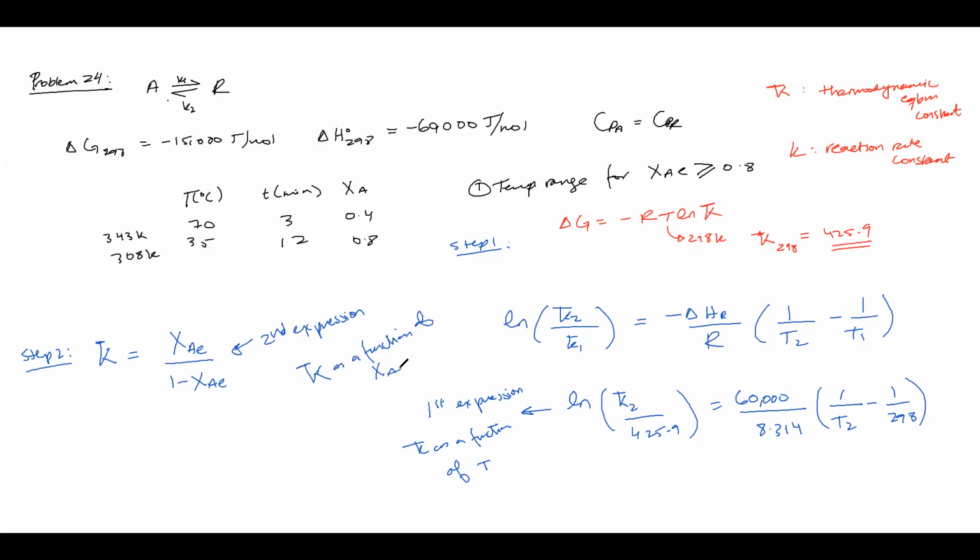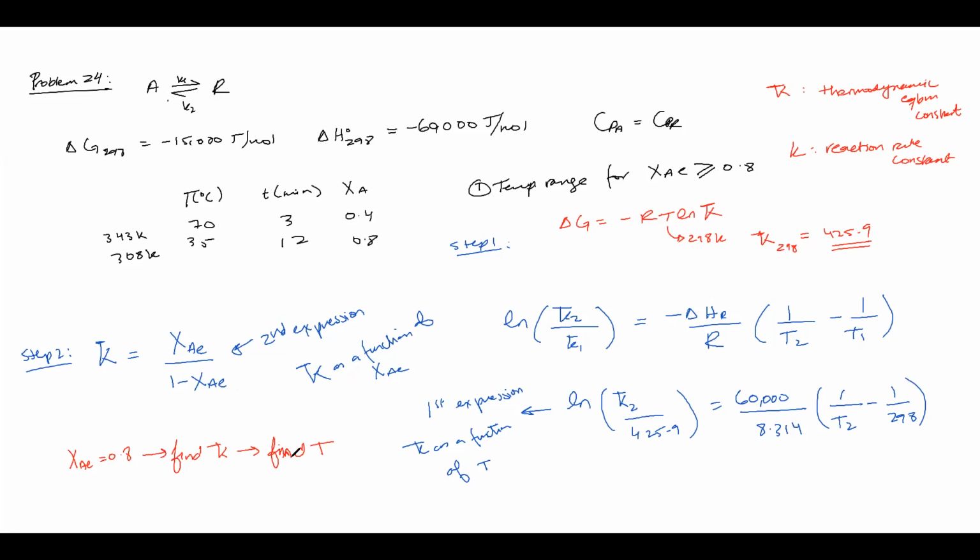of XAE. And I'm going to use these two expressions in parallel to get the temperature at which I have an equilibrium conversion of 0.8, right? So now the logic becomes: I have XAE equal to 0.8. Use this to find K, and then you use this to find the temperature, right?